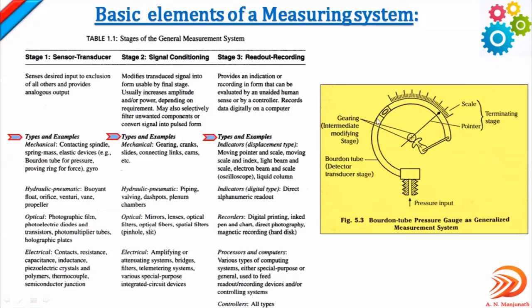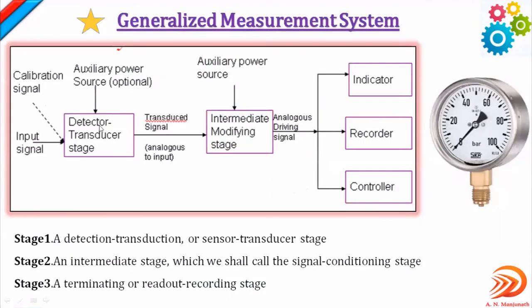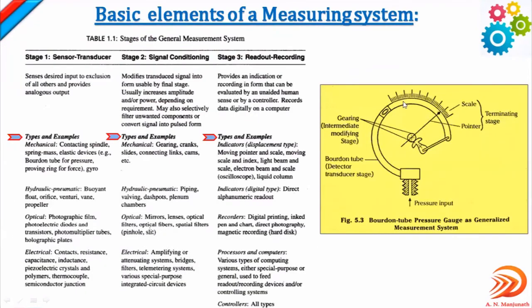It tends to move in a circular direction. Whenever air pressure is supplied, this flexible tube will tend to rotate and move. So this acts as the detector transducer stage, the first stage, as in the previous diagram.